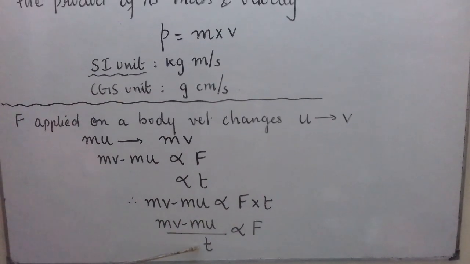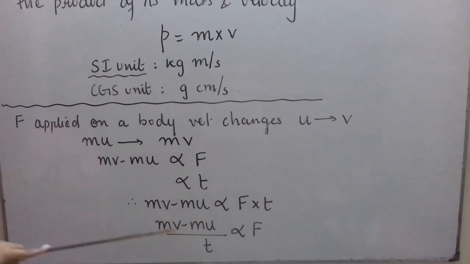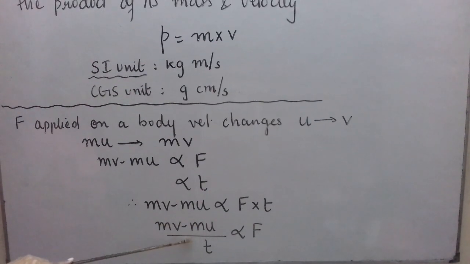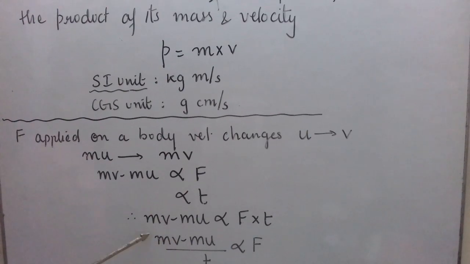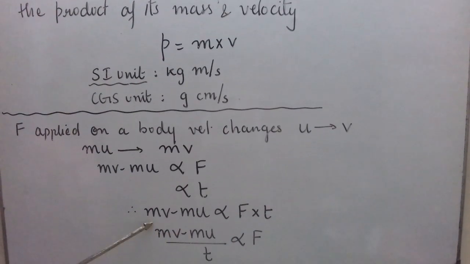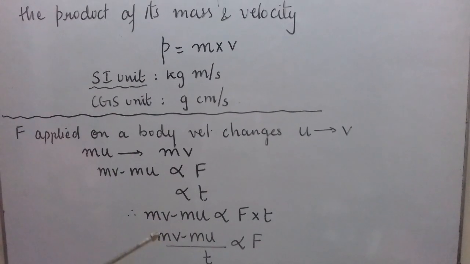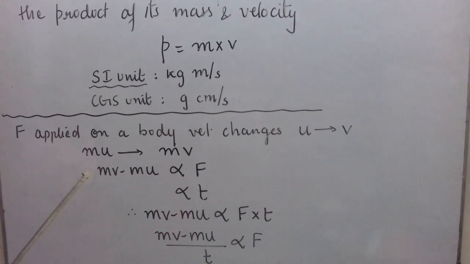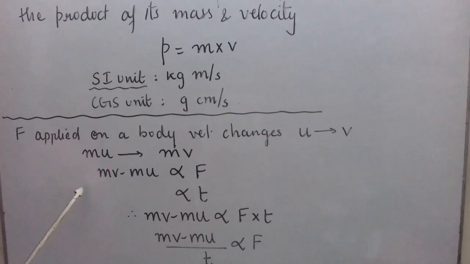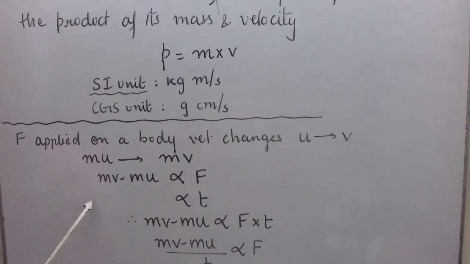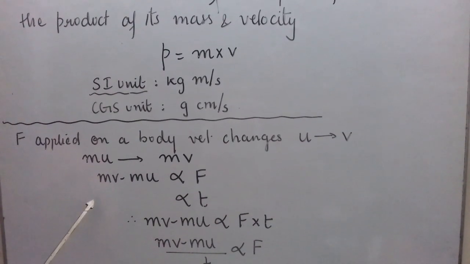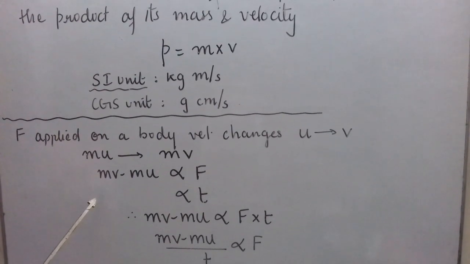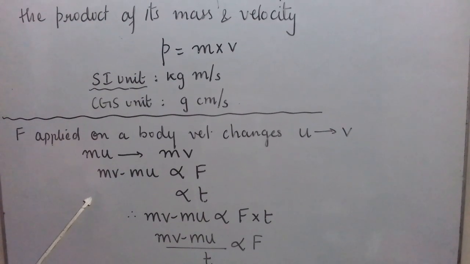Just take this time here. So what do I get? mv minus mu upon t is proportional to F. Students, if I ask you, what is this? You remember v minus u is change in velocity, and v minus u upon time, where t is the time during which the velocity changes, is rate of change of velocity, which we call acceleration.